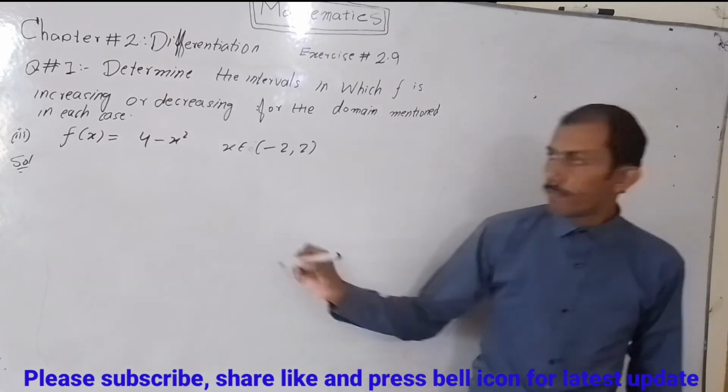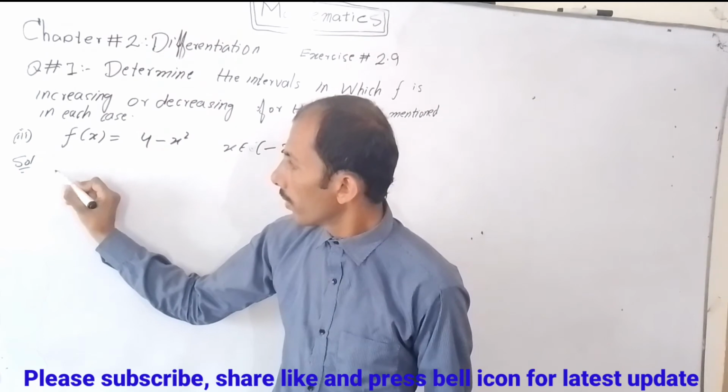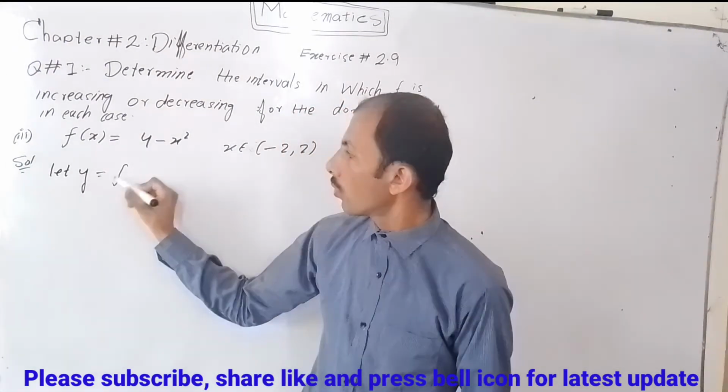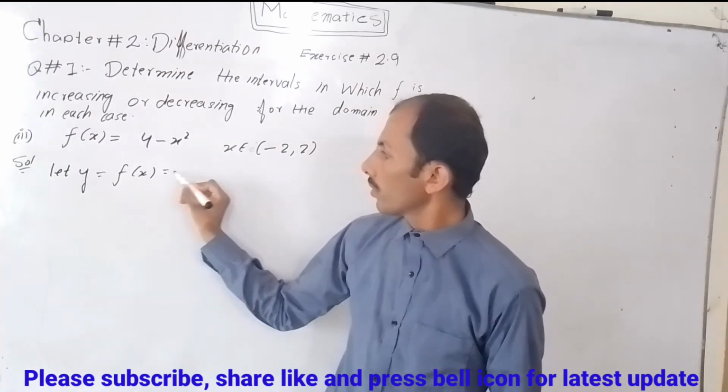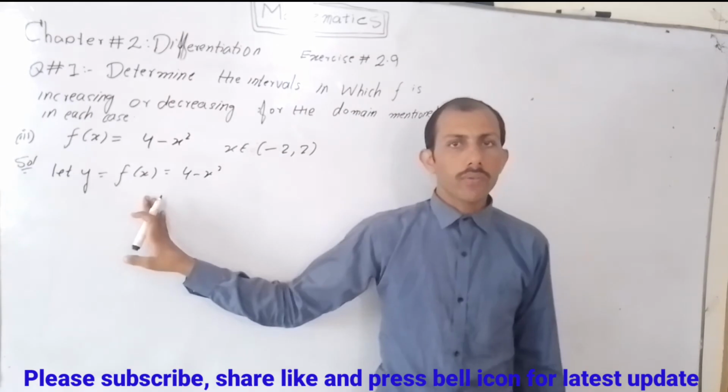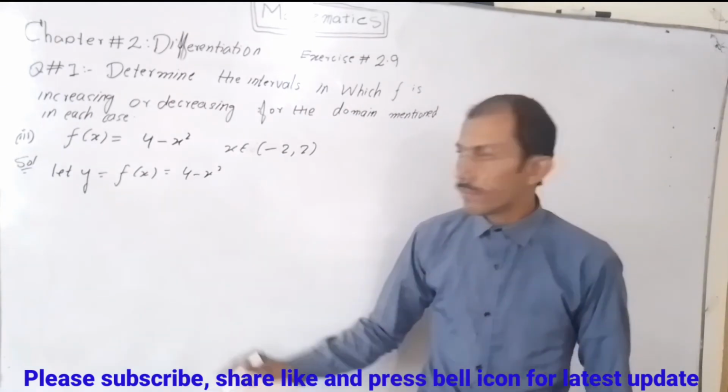First of all, let's suppose y is equal to f of x is equal to 4 minus x square. Differentiate with respect to x on both sides.